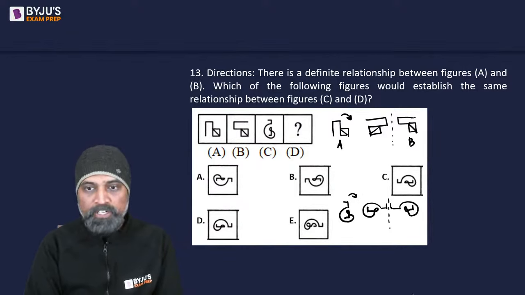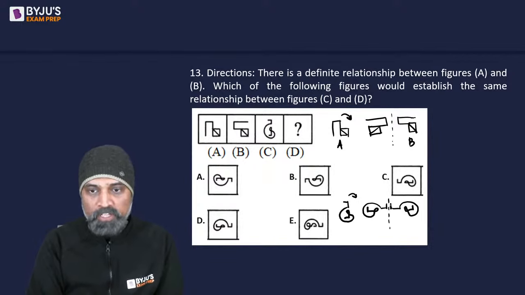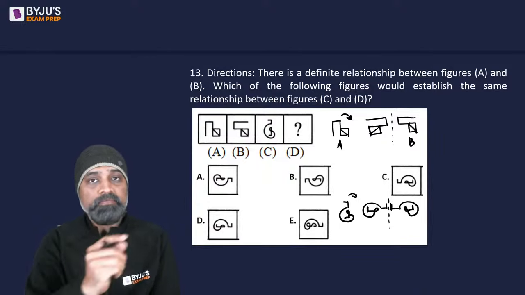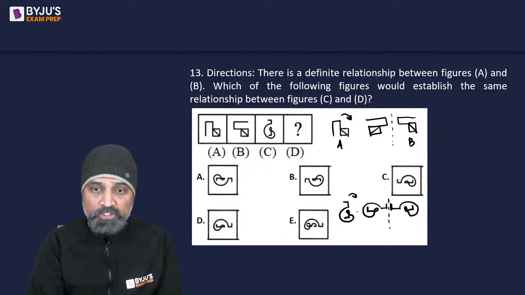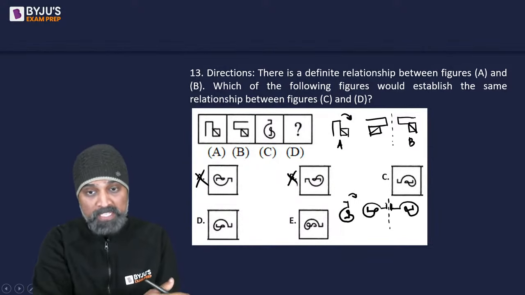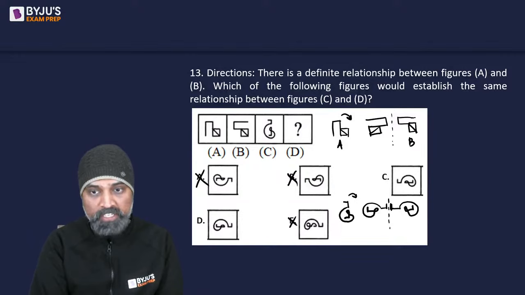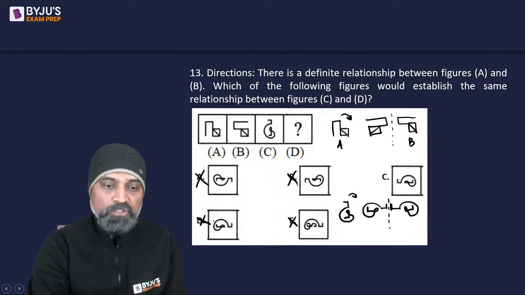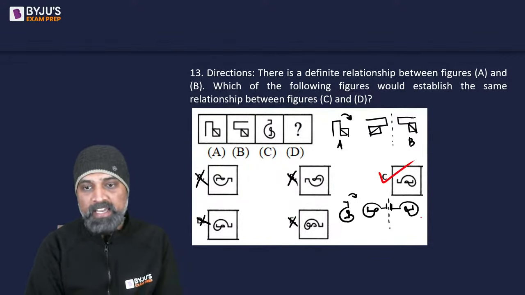So it should be pointing upwards, right? First of all, the leg, the extra vertical line, should be pointing upwards, which we do not have in A or B. It should be on the left hand side, which is not there in E and D. So the only option that makes sense is C. And anyway, it matches perfectly, right?